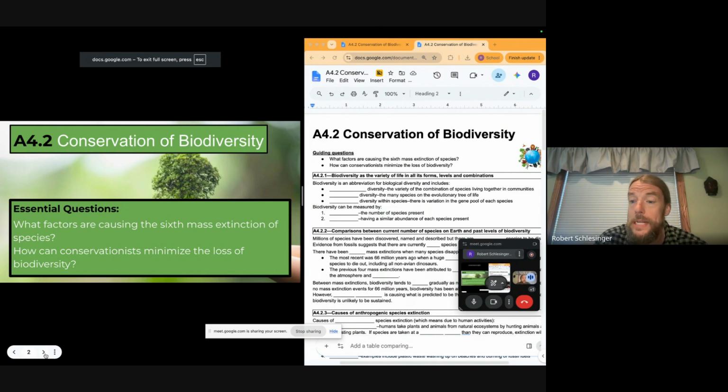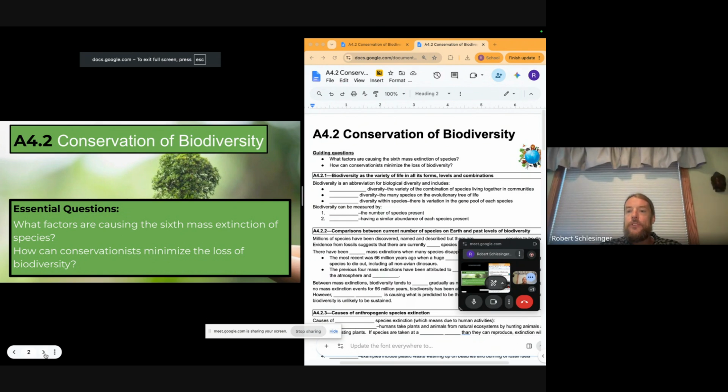And then on the much brighter side, we'll talk about how we can prevent or help support endangered species, and some of the programs, whether those be volunteer programs or intergovernmental organizations, IGOs or NGOs, that are helping support that. So those are the big overview questions on the conservation of biodiversity.